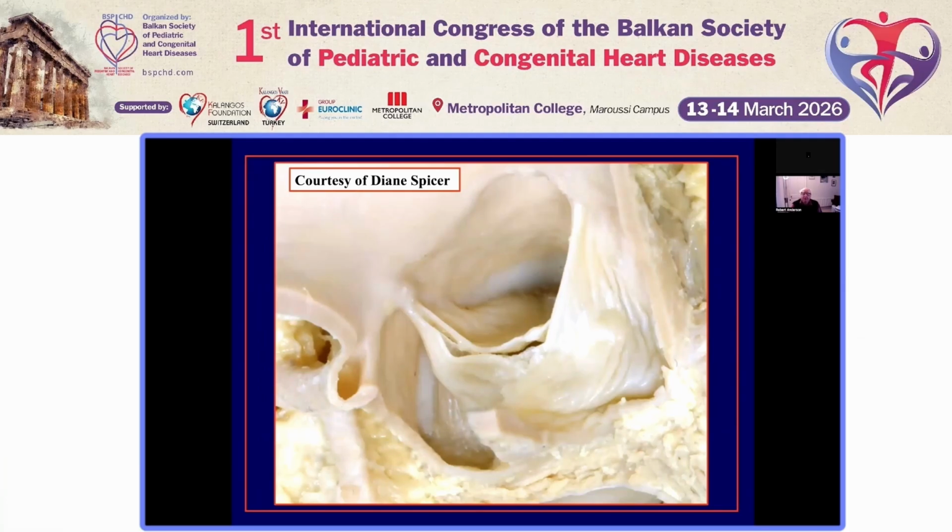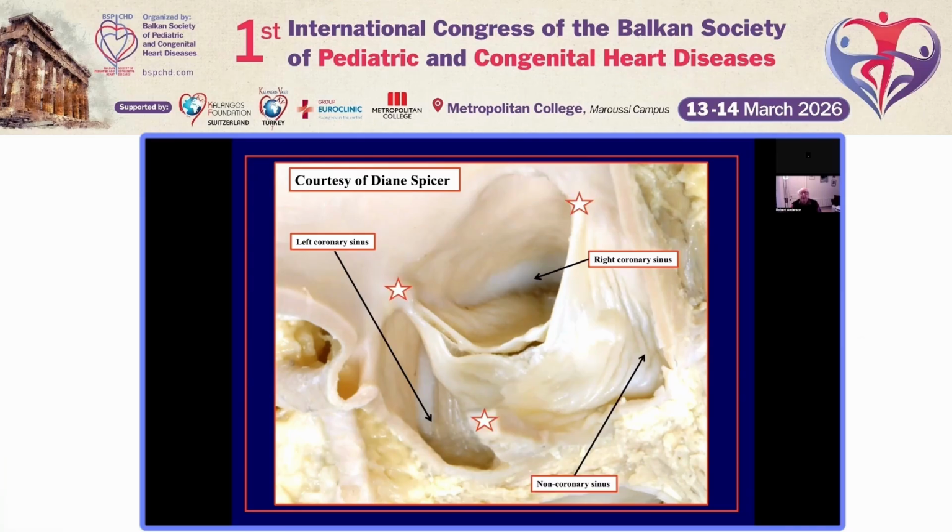Now we also need to look at the way that the leaflets come together when they are closed, and we can see this in this beautiful dissection made by Diane. We're looking now at the root from above, so I show you the left and right coronary sinuses, the non-coronary sinus, and there are the ends of the zones of apposition, or the commissures.